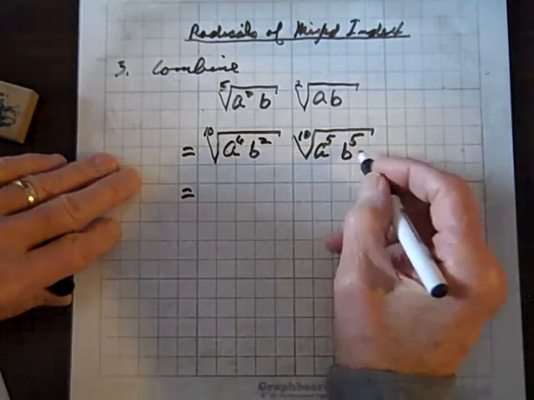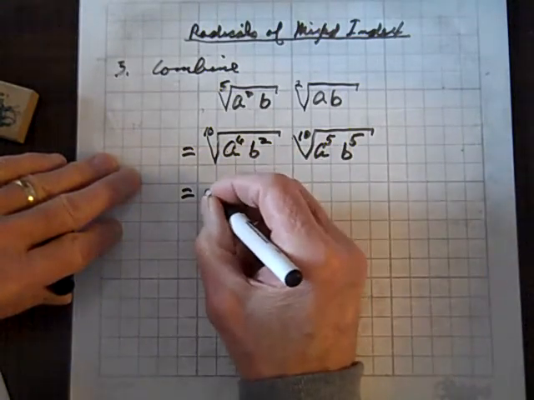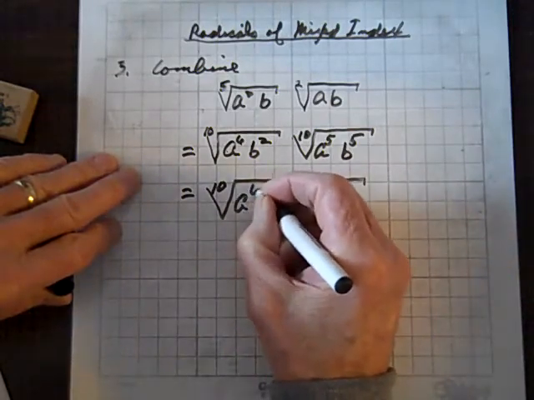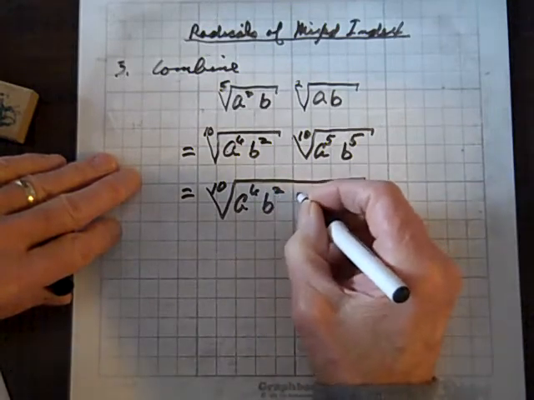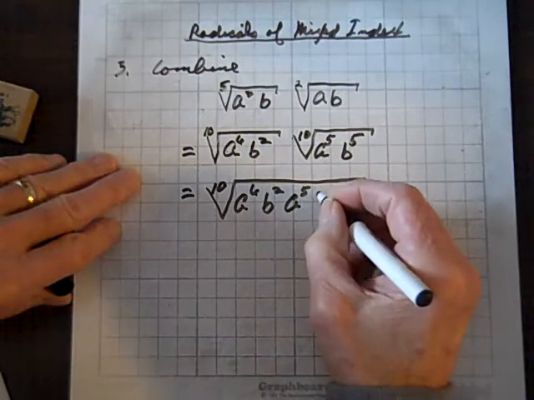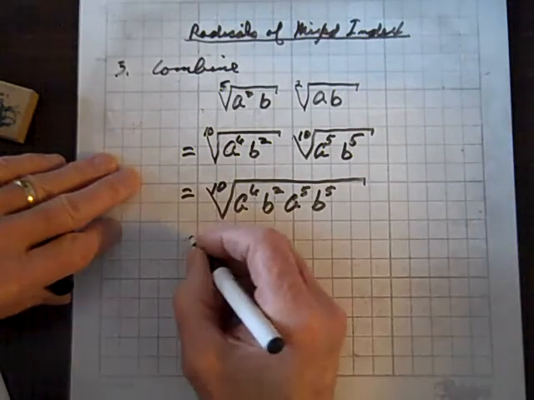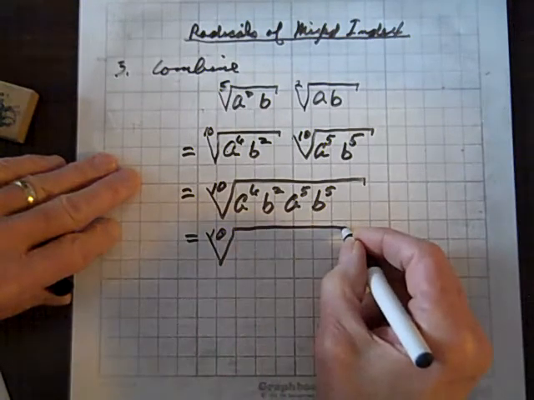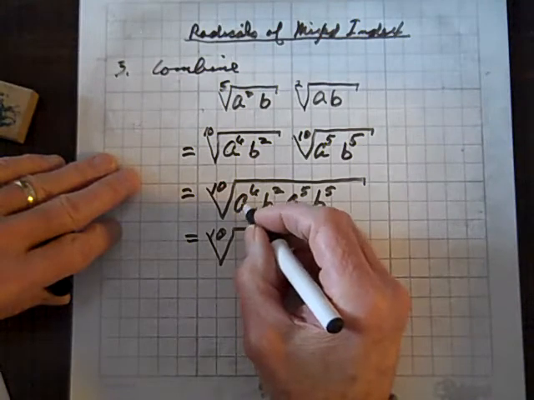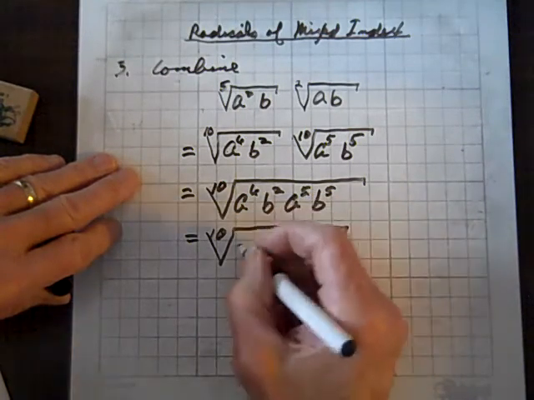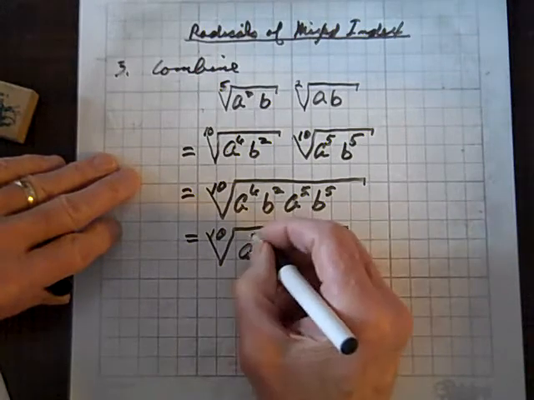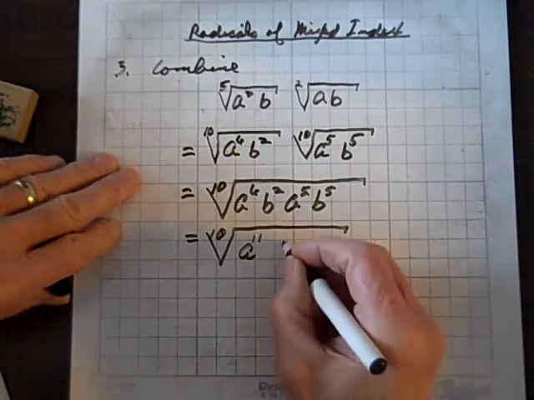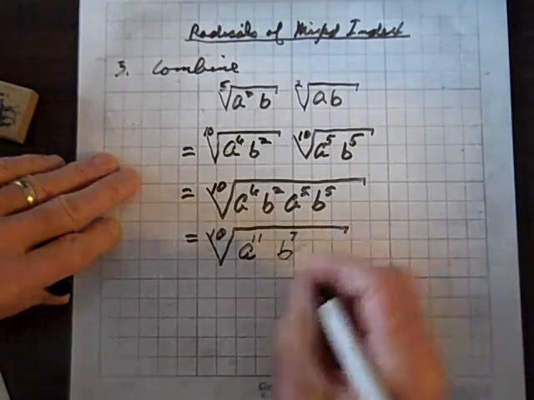Now this is the 10th root, this is the 10th root, so we can combine these and write everything under one radical, and we've got a to the 6 b squared times a to the 5th b to the 5th, and so that's going to be the 10th root of, and now we can add exponents. The exponents on a are 6 and 5, so that's going to be a to the 11th, and the exponents on b are 2 and 5, so we'll add those, and that's going to be b to the 7th.